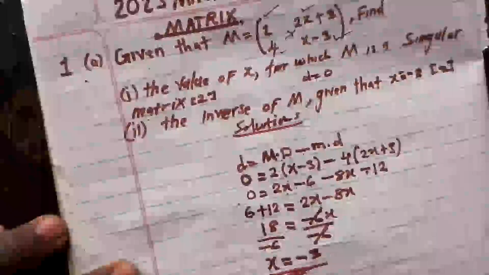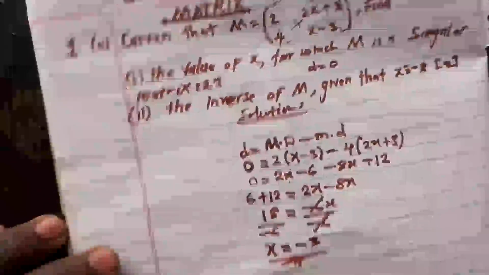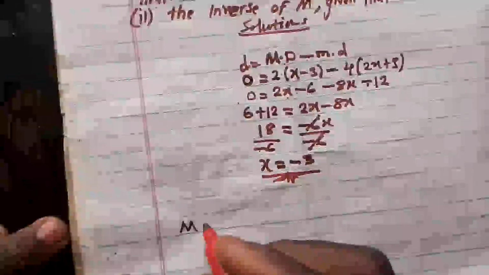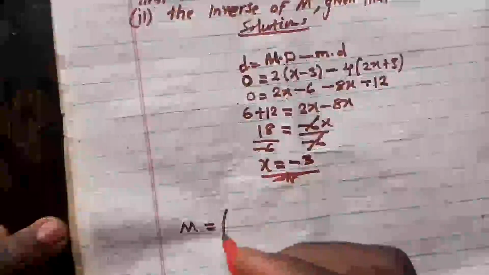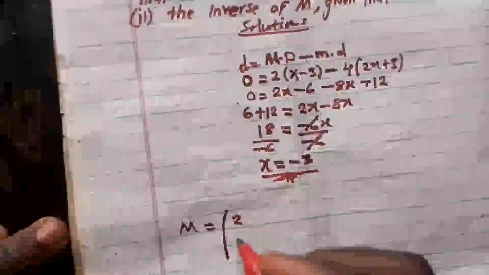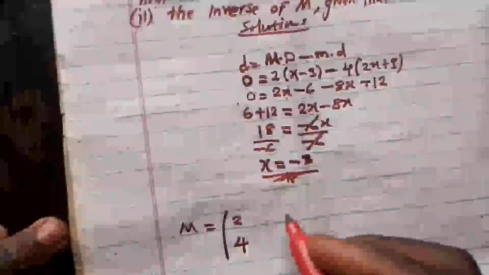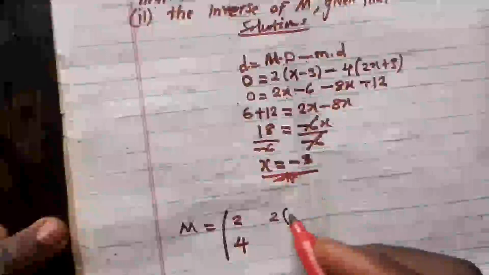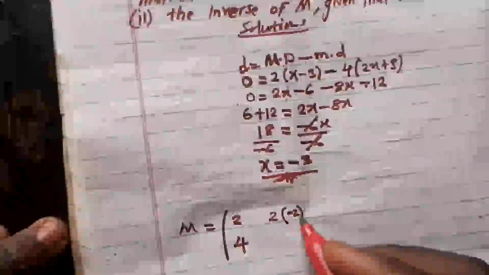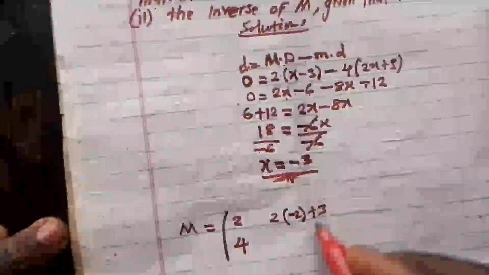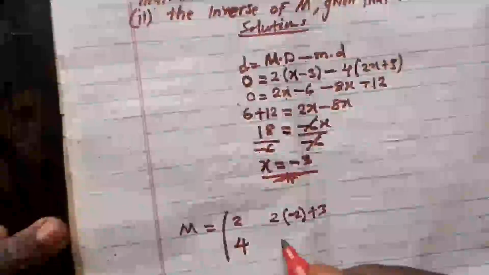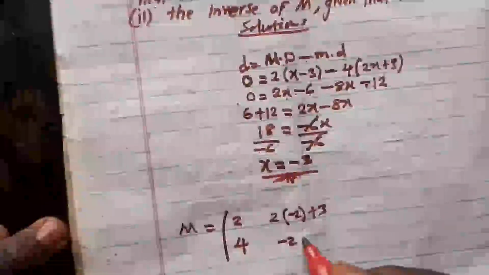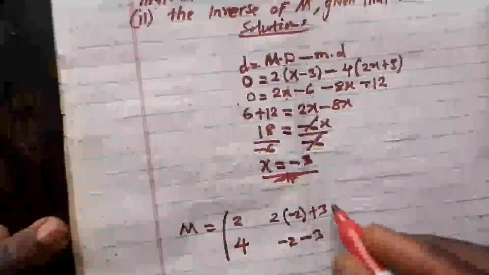So let me just find matrix M. Matrix M is equal to, open bracket, 2 by 4. So here I'm going to say 2, open bracket, the value of x here is negative 2, like this, plus 3. Then here we have negative 2 minus 3. Then close, like this.